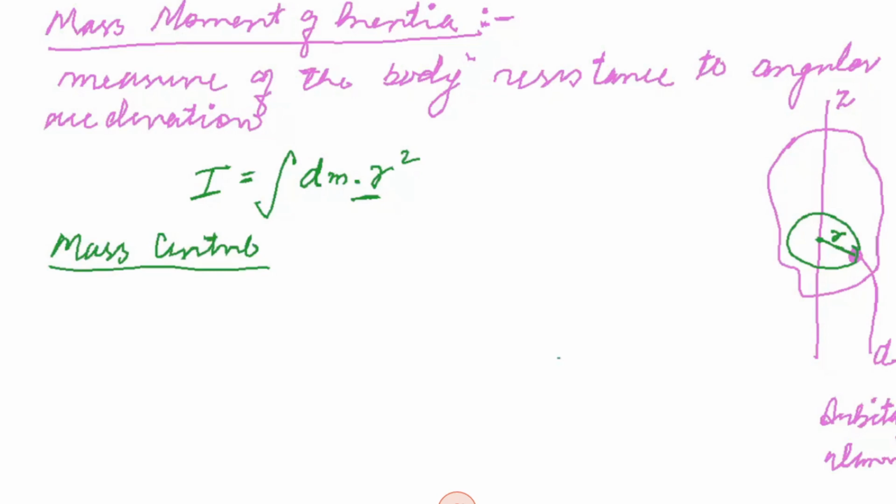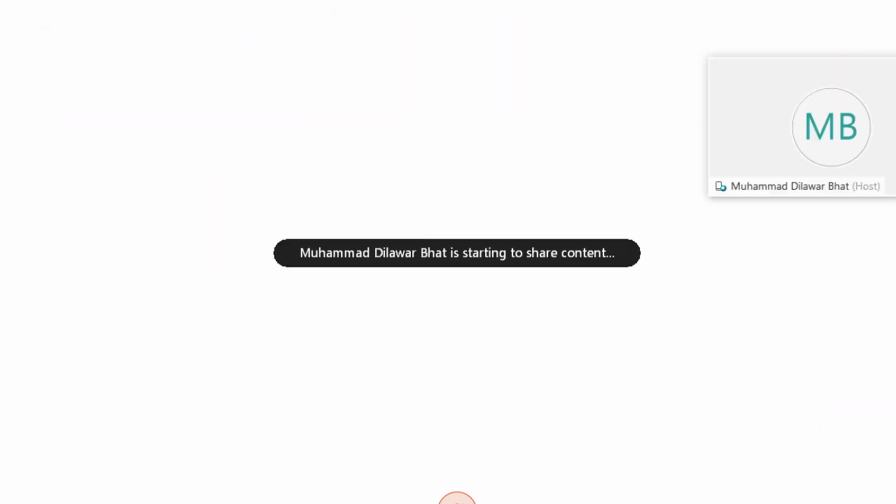So now we have to replace the area with mass, and we are checking it on any arbitrary element dm, right? And then we will integrate it for the complete body for which the moment of inertia is to be calculated about any unique axis, right?